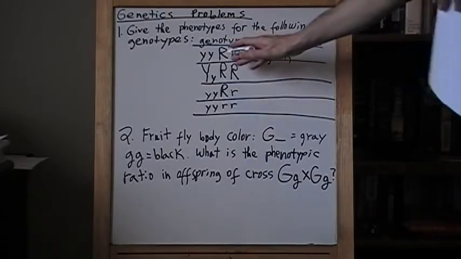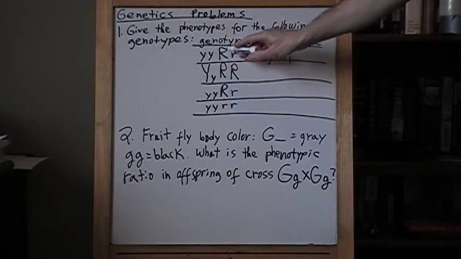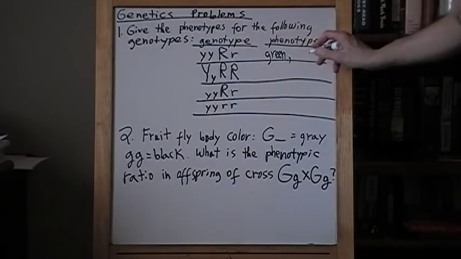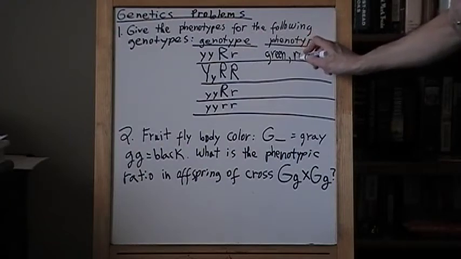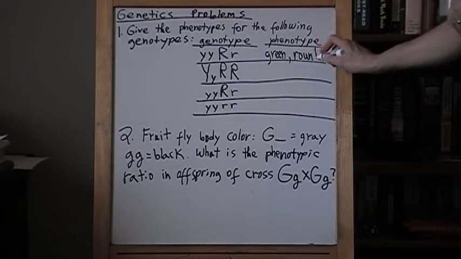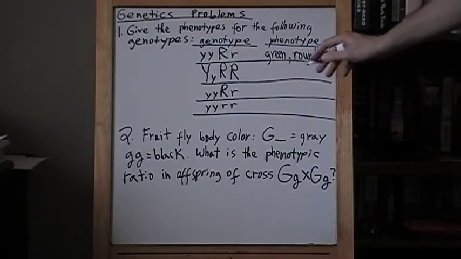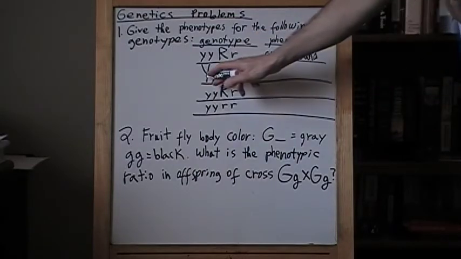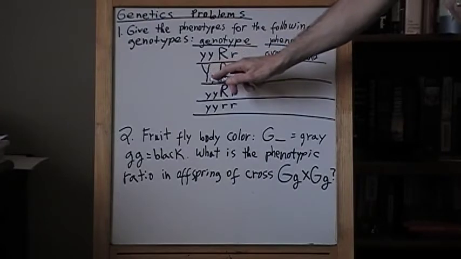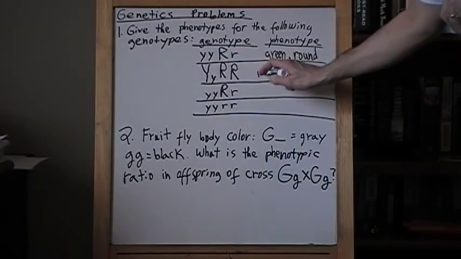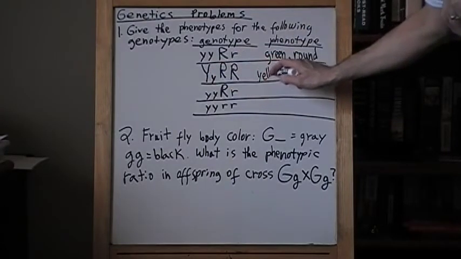And as far as the seed shape, we've got a dominant capital R, and so that's round. So that first one is green round. Second one, we have a dominant large Y allele, and so we have yellow for the color.